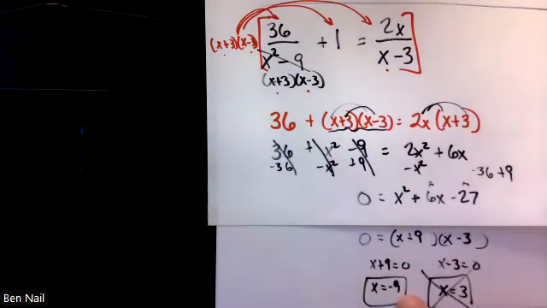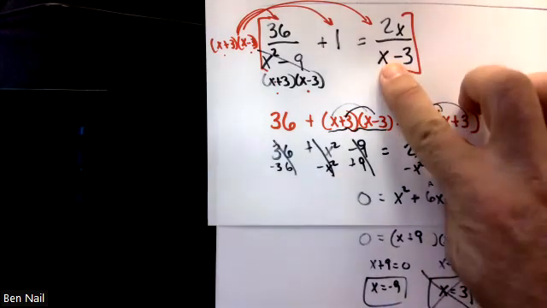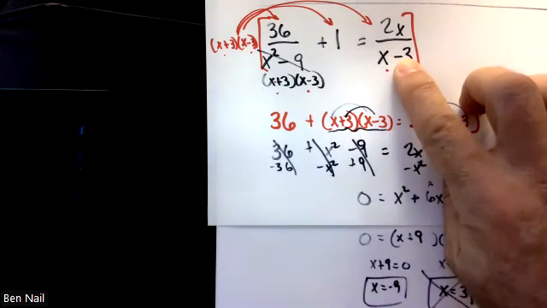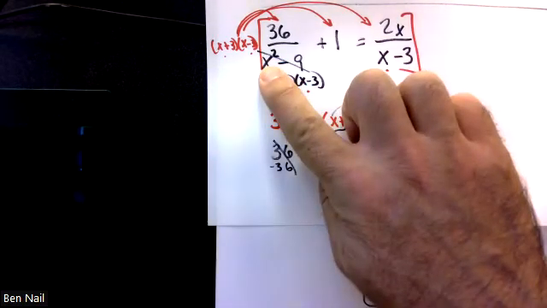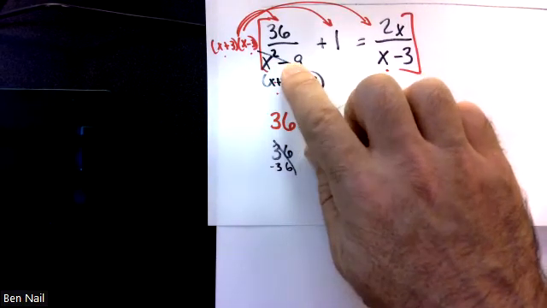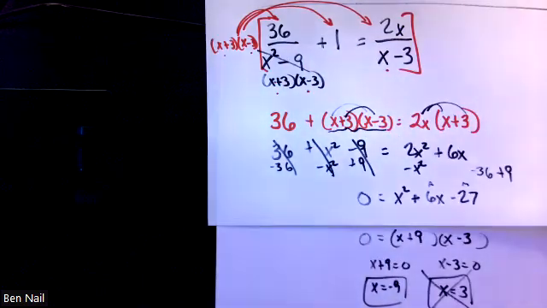However, assuming we did all of the math right, if I plug in negative 9, minus 3 is negative 12. Negative 9 squared is 81. 81 minus 9 is 72. So that doesn't cause division by 0, assuming we did the math right. Negative 9 is a valid solution.